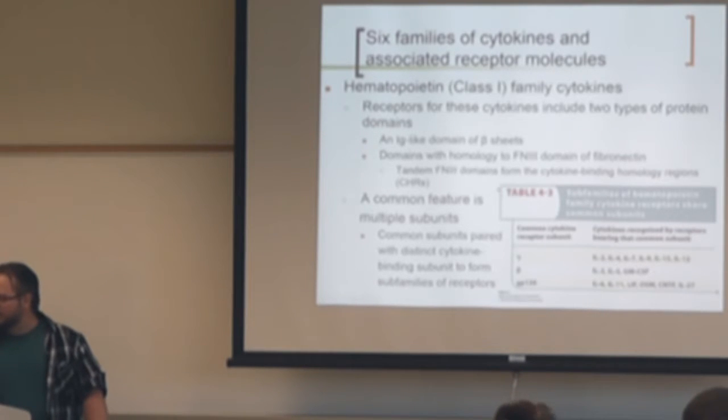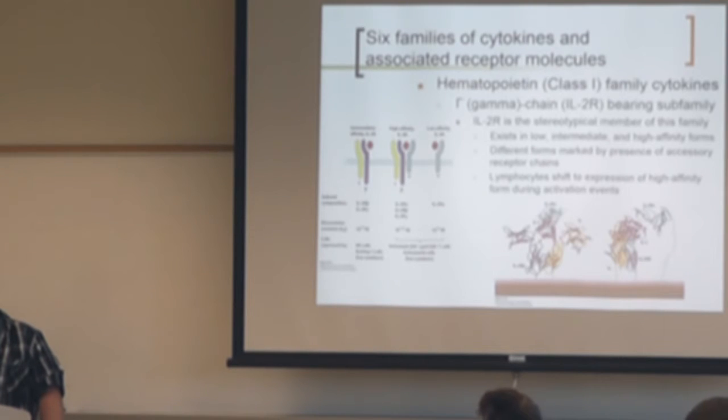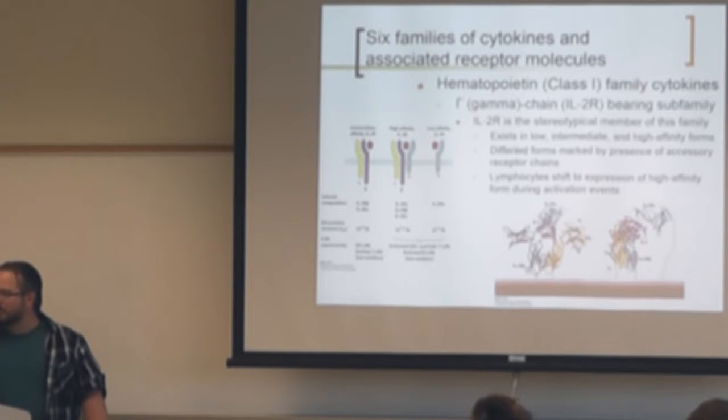Again, interesting to know, but I don't really require that you memorize that. And then they have subfamilies as well, these gammas, betas, and GP130s, which are broken down further. And I'm going to zip through those because they're not as important for you to memorize. Probably not going to be on the exam.